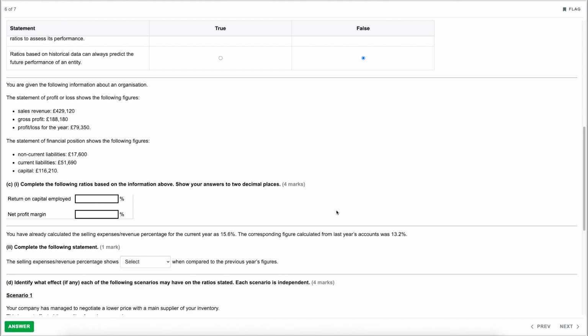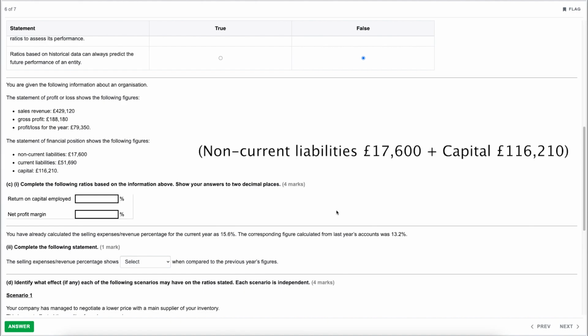So return on capital employed, the ratio for this will always be your profit or loss, so your net profit, over your capital employed. And capital employed is made up of 2 figures. It will be your non-current liabilities and your capital. So what we do is we add the 2 together. So we add your non-current liabilities to your capital, which would be 133,810.